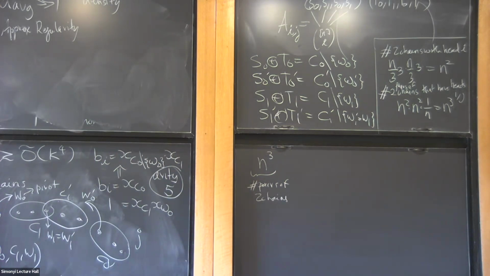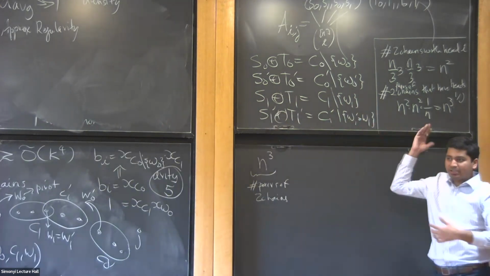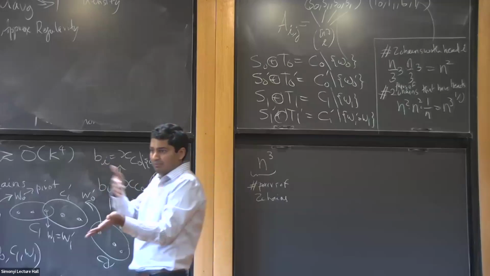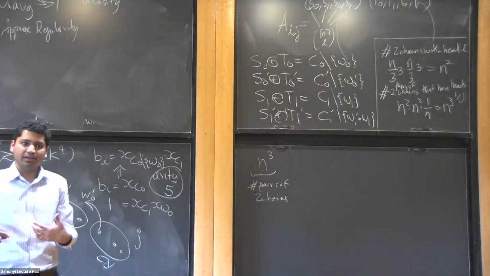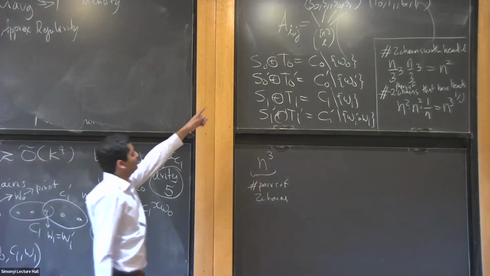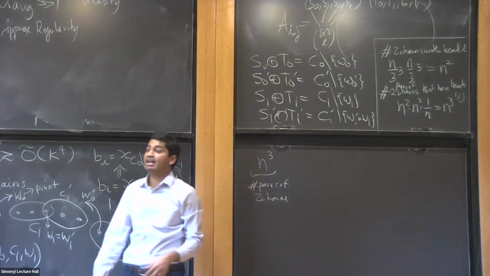Let's count how many. How many S0, S1, S0 prime, S1 prime, and T0, T1, T0 prime, T1 prime are there such that their coordinate-wise addition is equal to these equations? Like how many pairs of vertices exist so that all these 4 equations are satisfied.